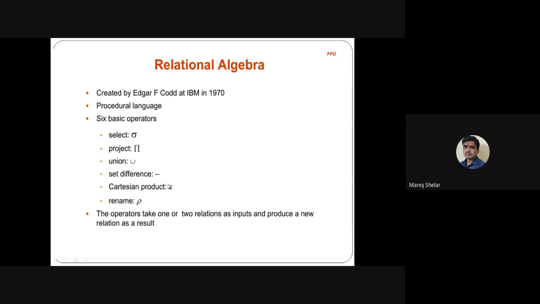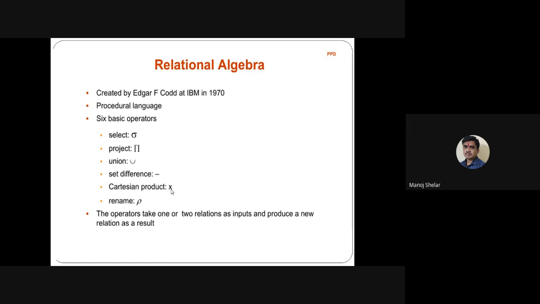For the Cartesian product we use this notation. Normally, in a Cartesian product query, a simple example with two tables, student 1 and student 2: select star from student 1 comma student 2. It displays all records of student 1 and student 2 as a Cartesian product.